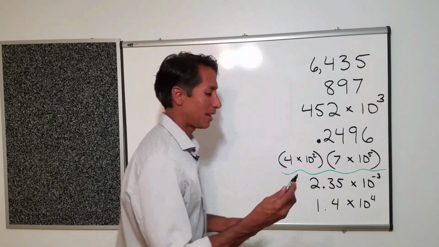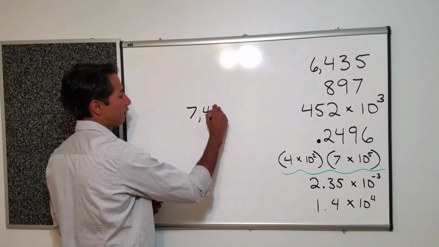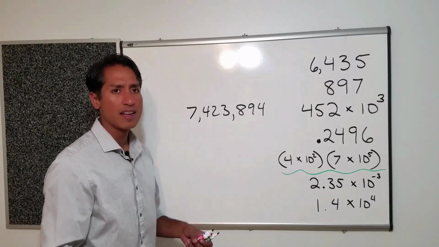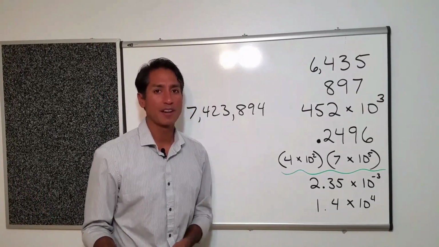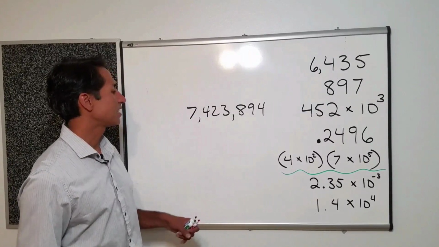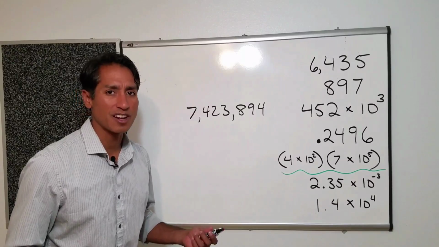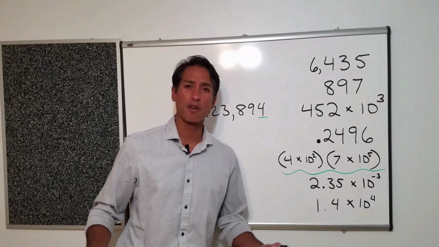But let me give you an example. If we had a number like 7,423,894, okay? Let's say this was the amount of dollars that you had. I always present it like this to students: if you had $7.4 million, would you really notice if your best friend asked for $4?